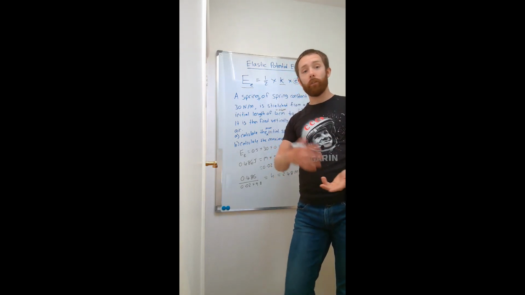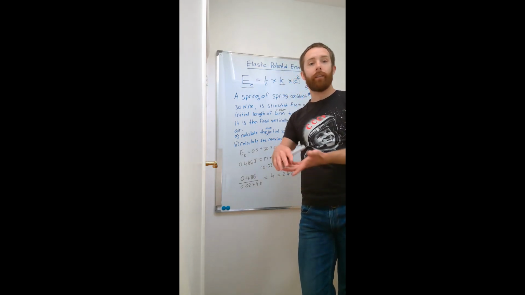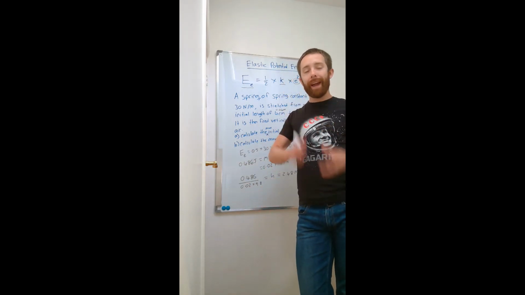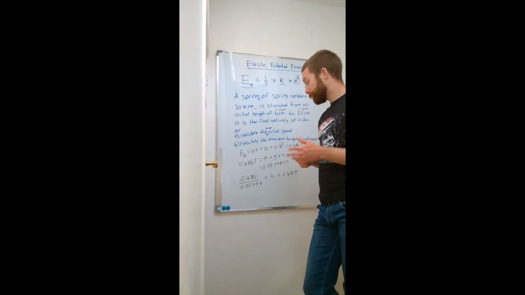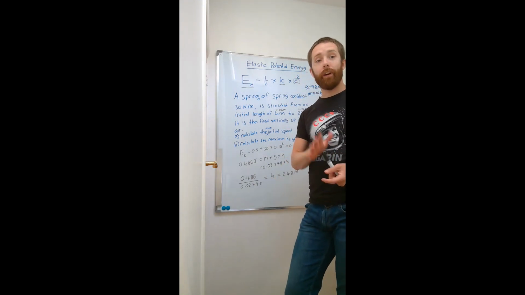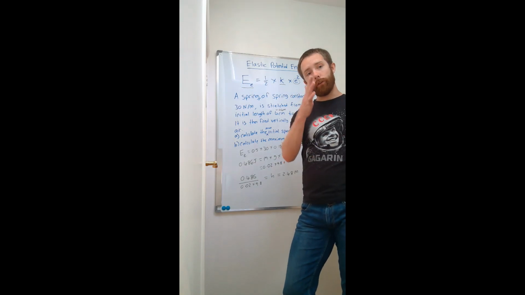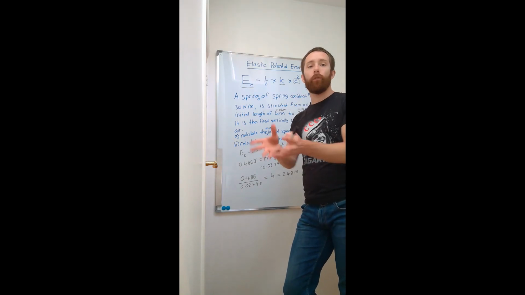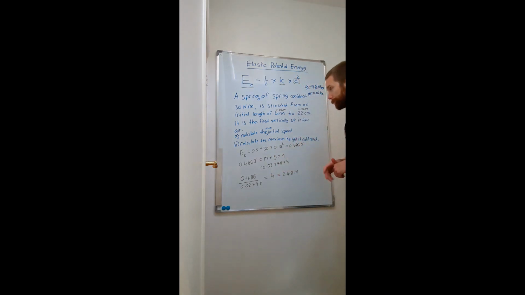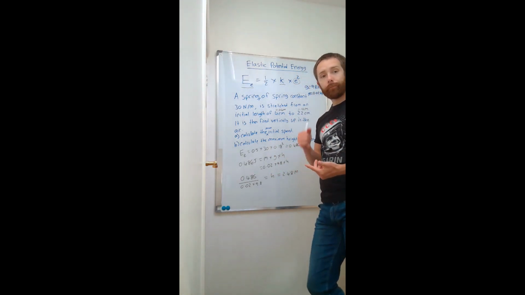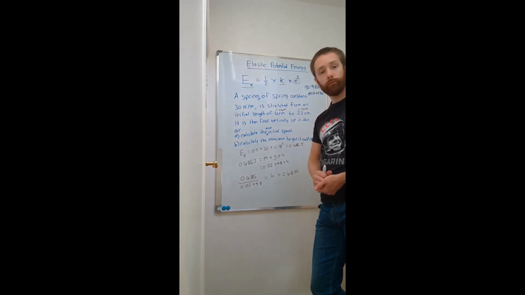You could probably then use a specific heat capacity equation and work out the temperature increase of the water. You could do any kind of equation that involves energy transfers, okay, if we're assuming that all the energy is going to get transferred from elastic potential into the type of energy that you need to deal with, okay? So I'm going to leave it at that, and hope that's helpful.